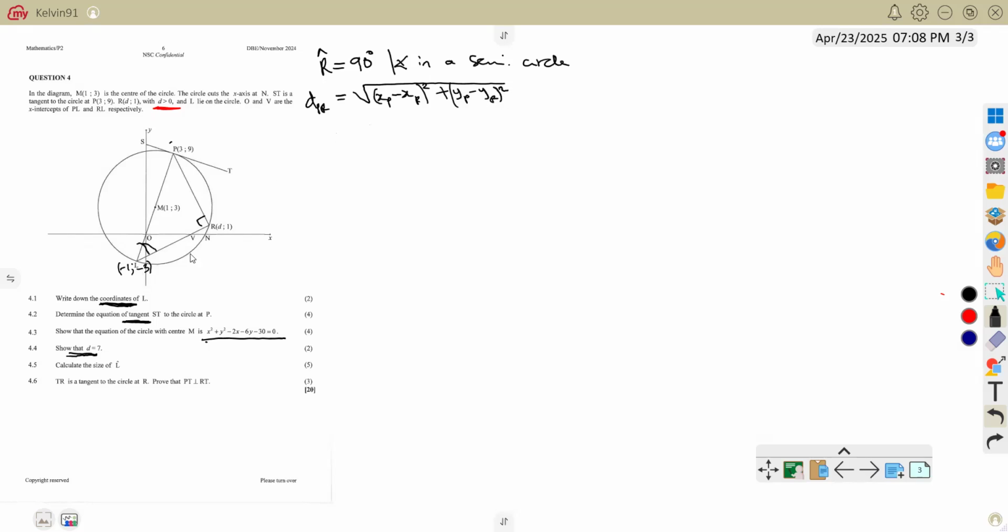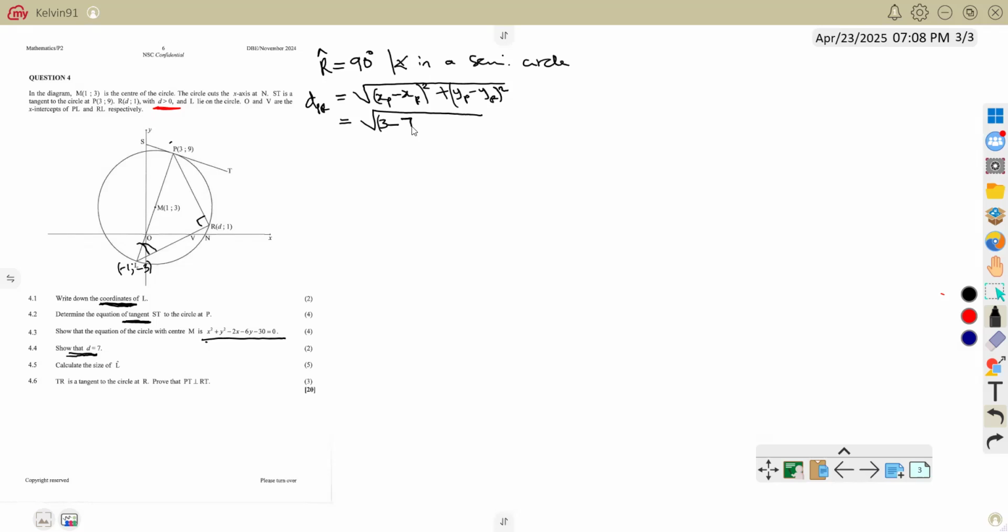Then here is our P. So you calculate, this is going to be equal to x at P is 3 minus x at R, we found it to be 7.